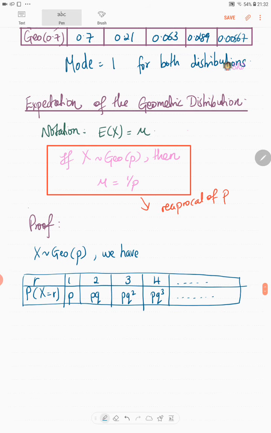If you recall, to calculate the expectation, we use the formula: summation of x times its corresponding probability.